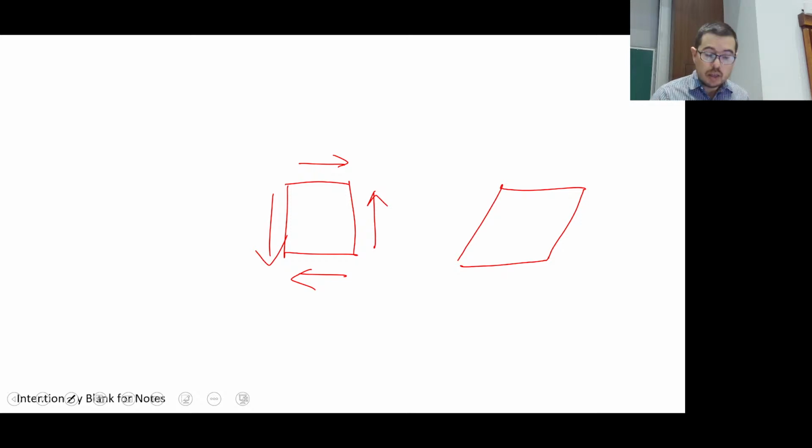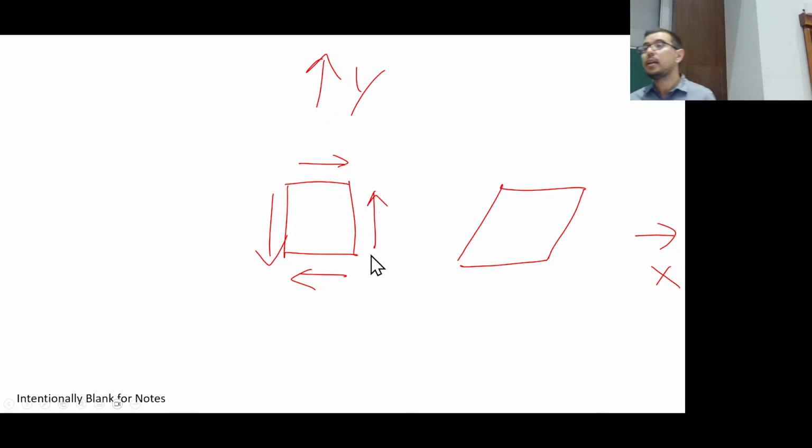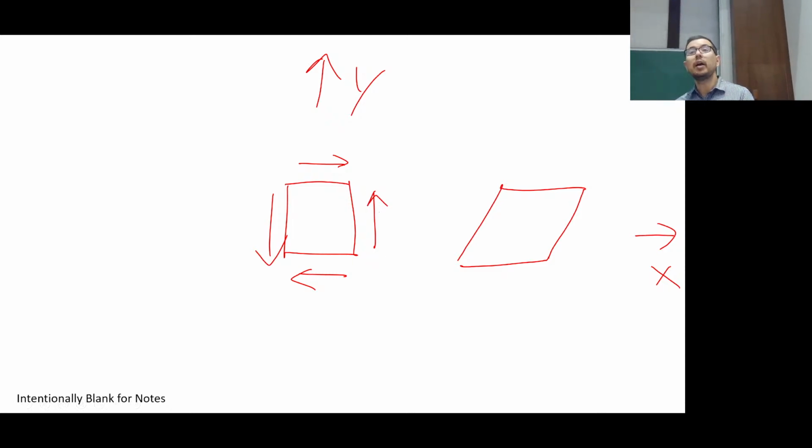The way we defined it before, this is y and this is x. Do you see that on the x face, in the y direction, I have a tau xy?